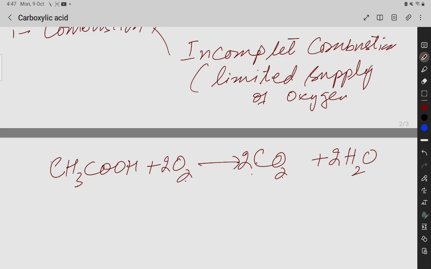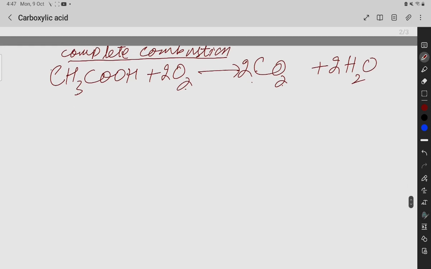Is that clear? Yes. So this is complete combustion in which carbon dioxide and water are formed. And rest जो है वो do practice in your notebook.